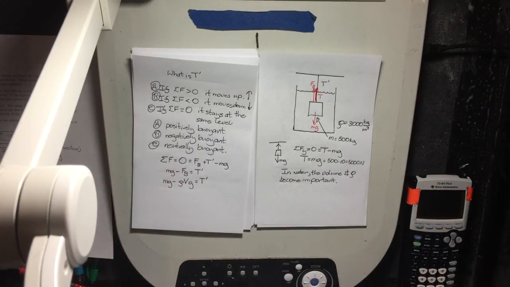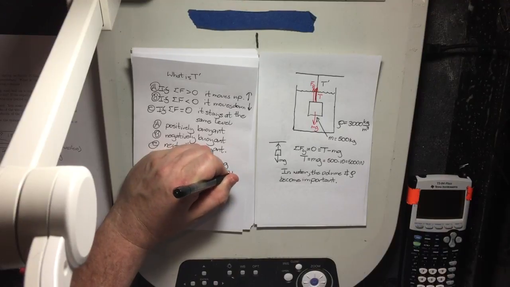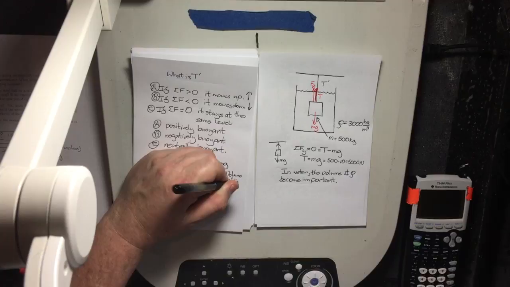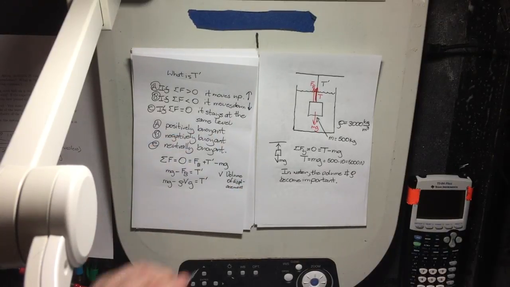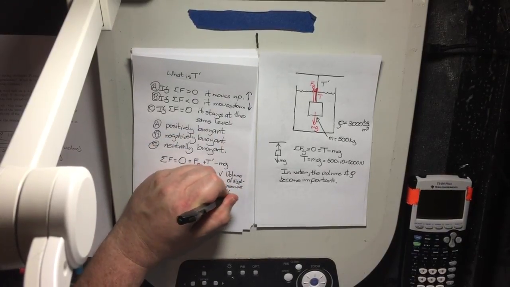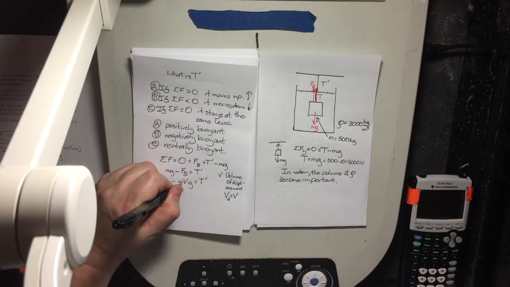g is also, I know that I'm on the planet Earth, so I don't have to worry about that. V is the volume of displacement, and since it's completely submerged, the volume of displacement is the total volume. The last thing is this rho.